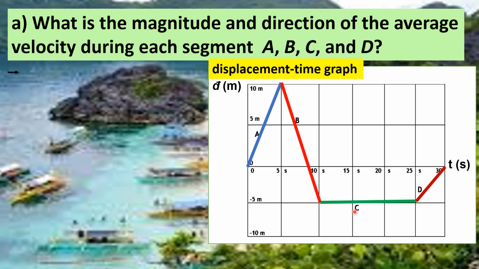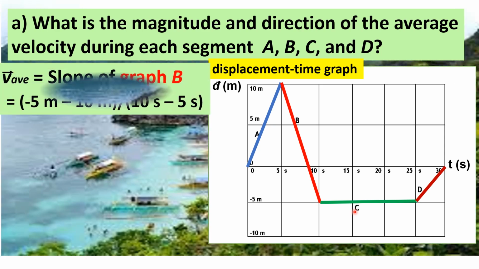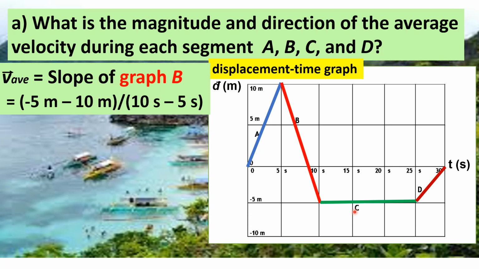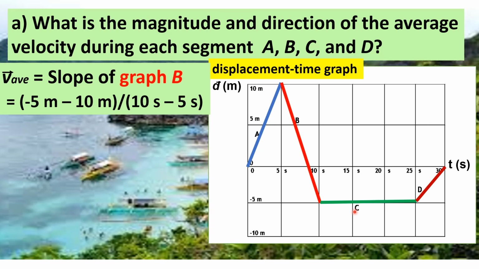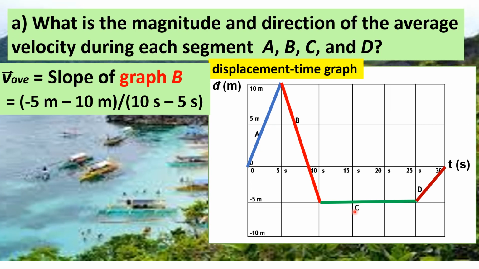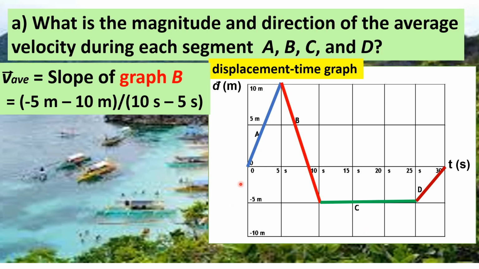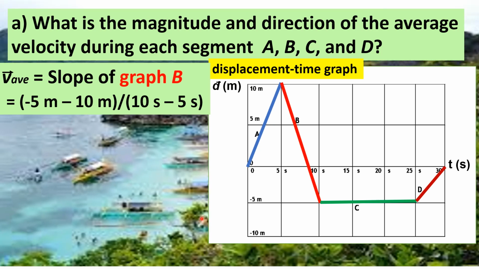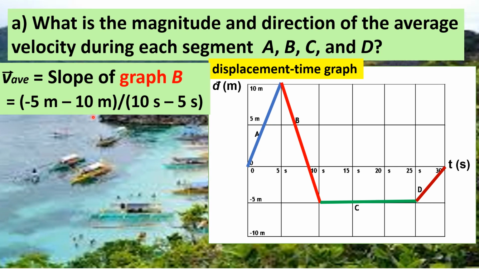And computing for that, the average velocity is just equal to the slope of the graph B, or delta D, which is final position minus initial position. The final position is negative 5 meters, and the initial position is positive 10 meters.